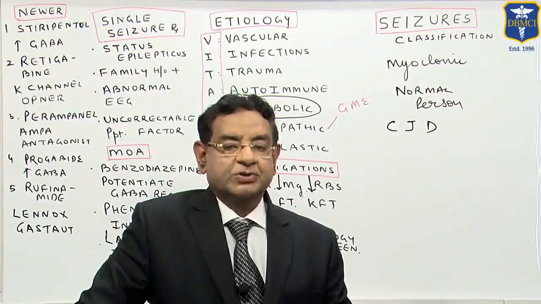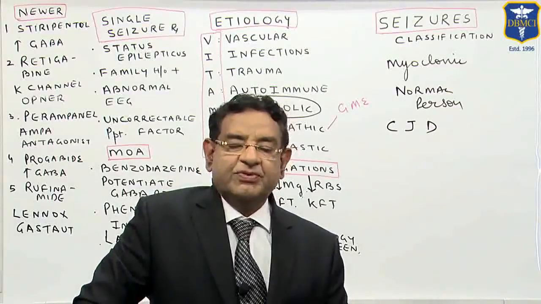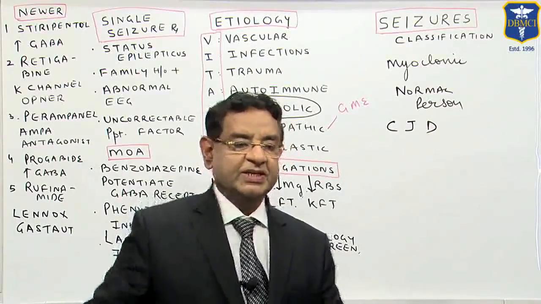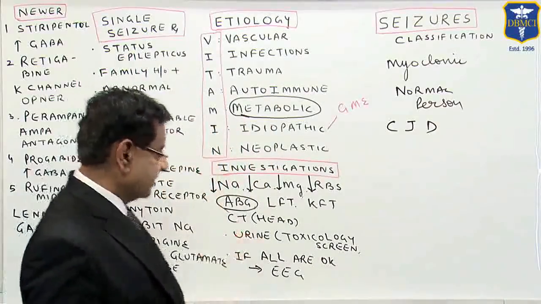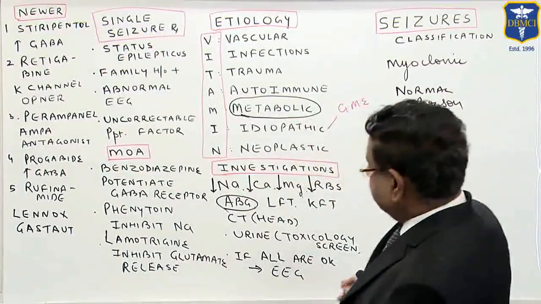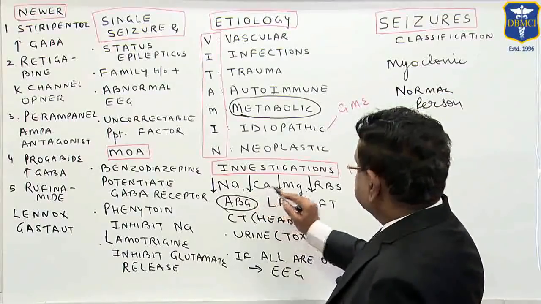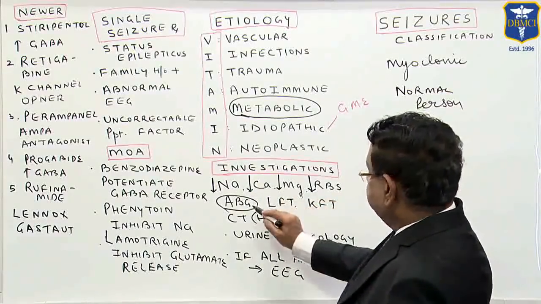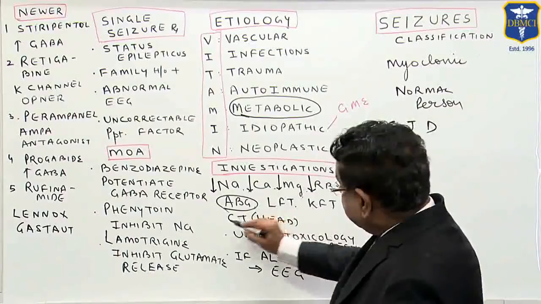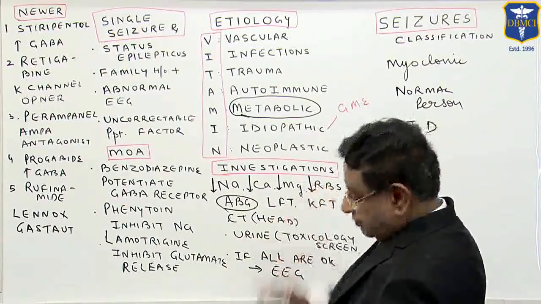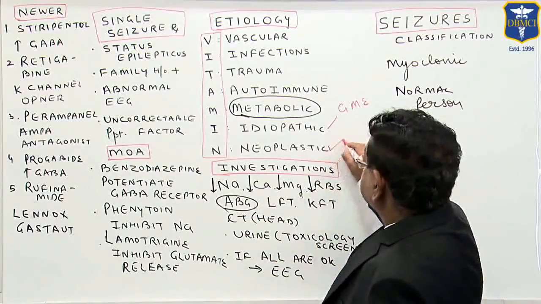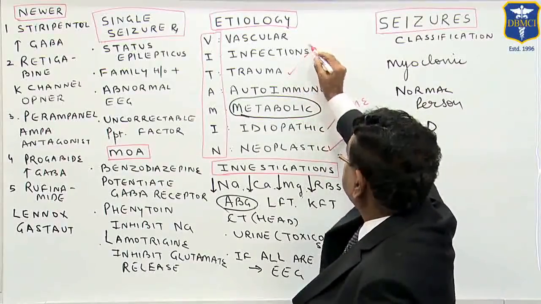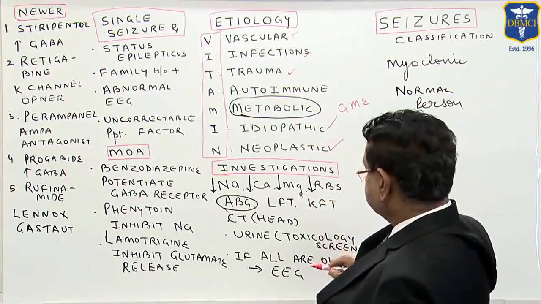Same thing, whatever so called treatable causes. Got it? So remember, when a first time patient comes with seizure, we first do all these things. So what we have done: sodium, calcium, magnesium, glucose, ABG, LFT, KFT, CT head. Why CT head? To rule out neoplastic causes, trauma, infection, or sometimes vascular also.